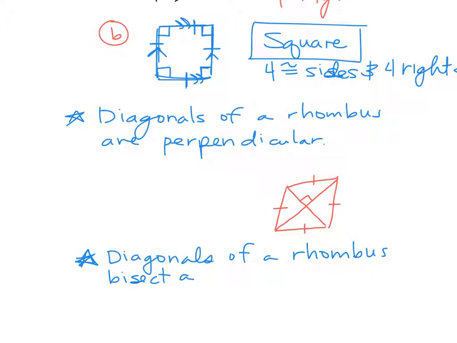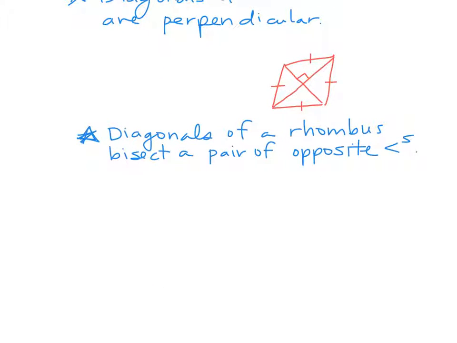Cut in half. Okay, so a rhombus is a parallelogram, right? And we know that opposite angles in a parallelogram are congruent. So I'm going to draw you another rhombus here. Hopefully this one's a little better than my last.